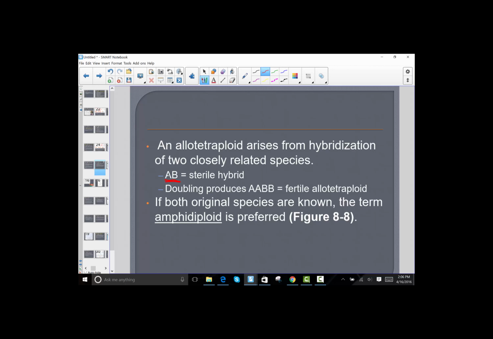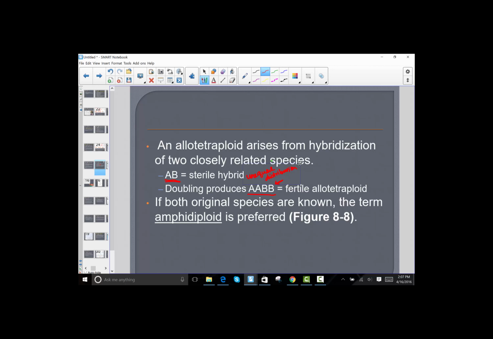Now, if you undergo a doubling process and produce an AABB individual, this is now considered a fertile allotetraploid because you can have an equal distribution of the chromosomes in this particular situation, and you would have an unequal distribution of chromosomes if you have this individual producing egg or sperm.